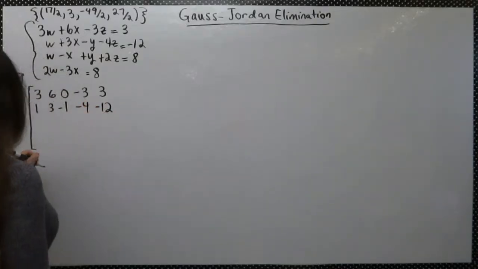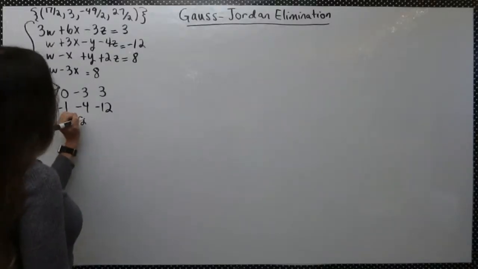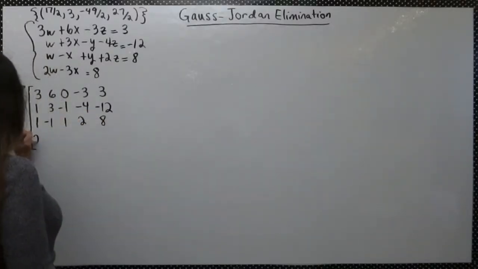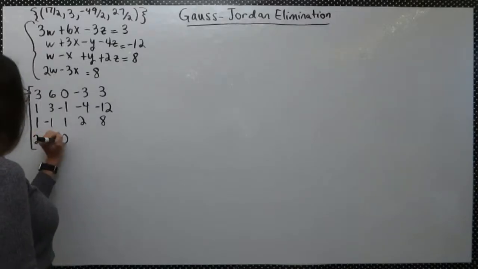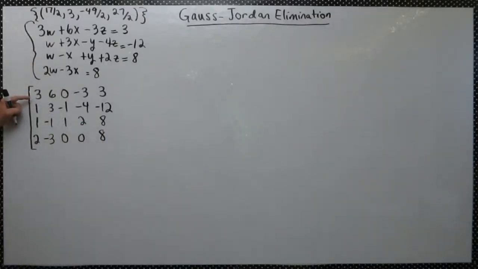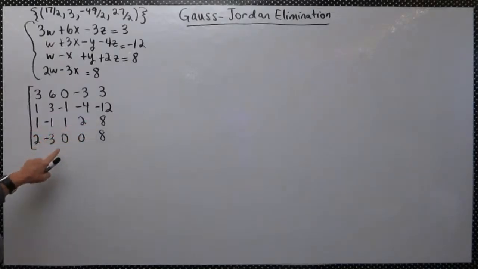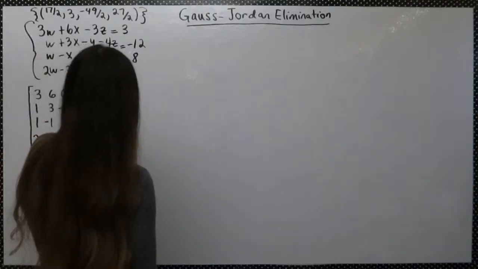And then we'll double check it when I'm done. -3, 0, 8. All right, so just double check one time. We've got 3, 6, 0, -3, 3, 1, 3, -1, -4, -12, 1, -1, 1, 2, and 8, 2, -3, 0, 0, 8. Perfect.